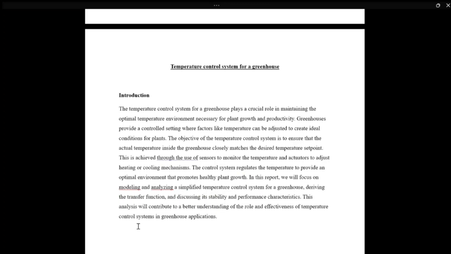The objective of the temperature control system is to ensure that the actual temperature inside the greenhouse closely matches the desired temperature set point. This is achieved through the use of sensors to monitor the temperature and actuators to adjust the heating and cooling mechanism.